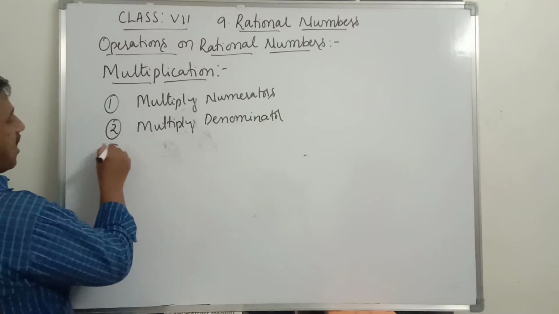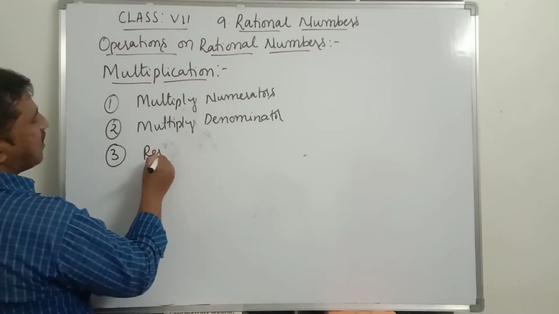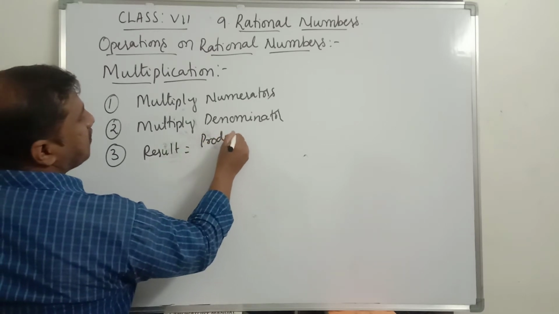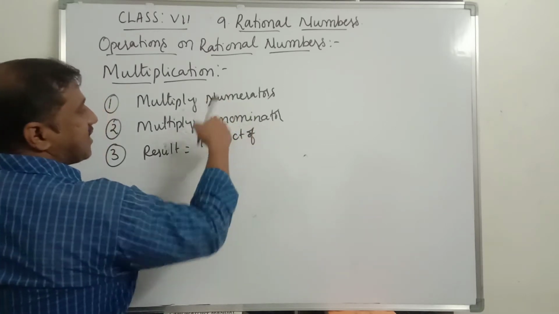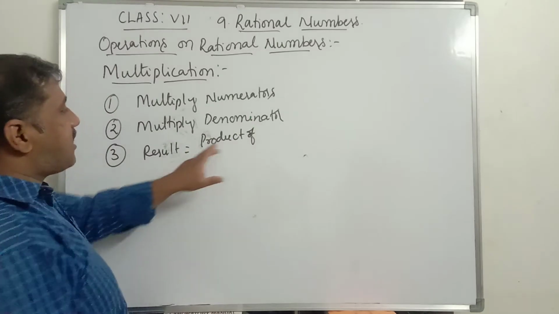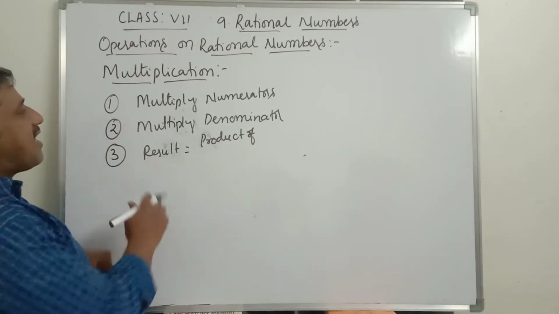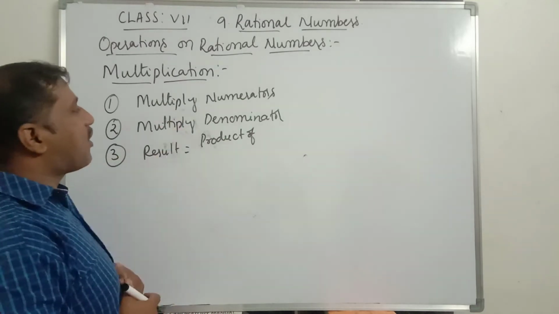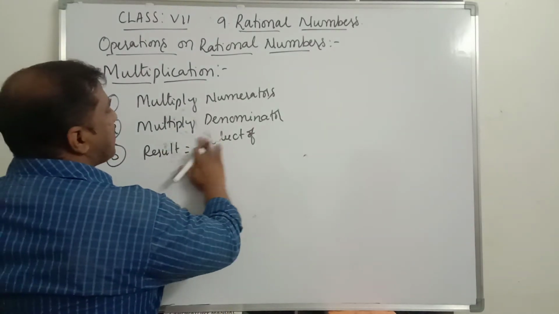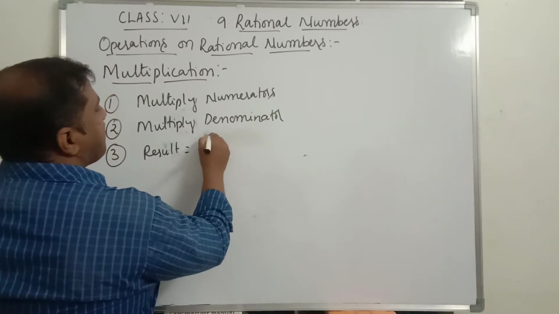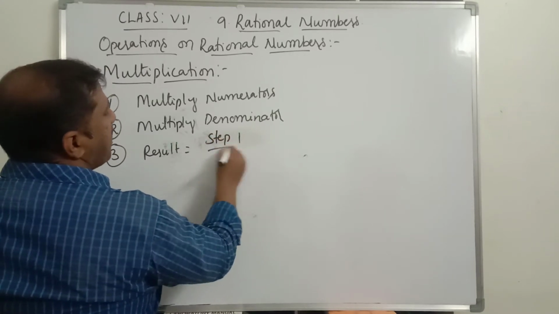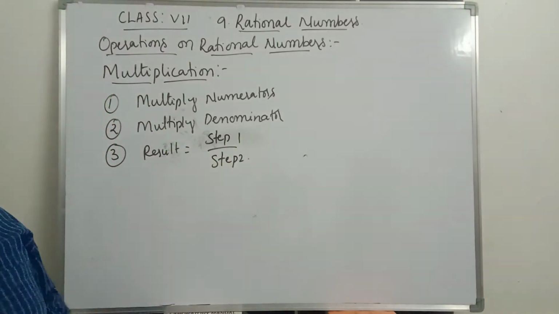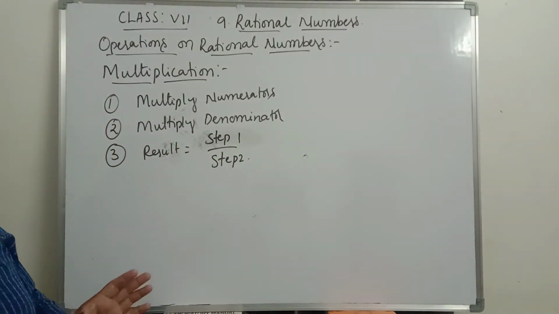Step 3, write the result as the product of numerators divided by the product of denominators, that is step 1 divided by step 2. Step 1 is the multiplication of the numerators. Find the product of numerators, find the product of denominators. So we can write the result as step 1 by step 2. So this is the concept of multiplication of rational numbers.